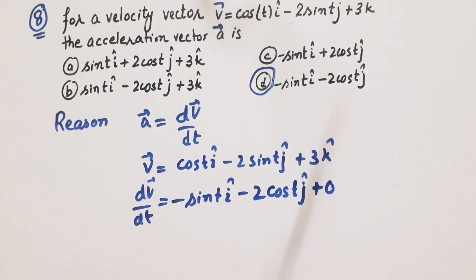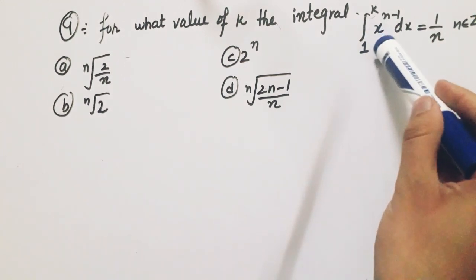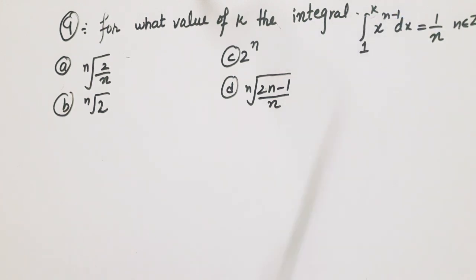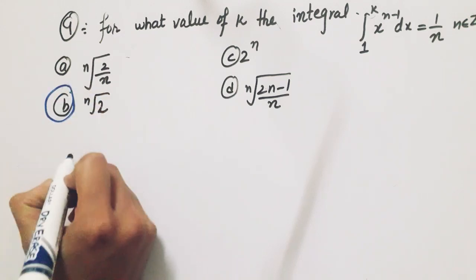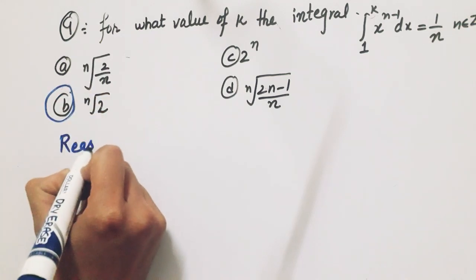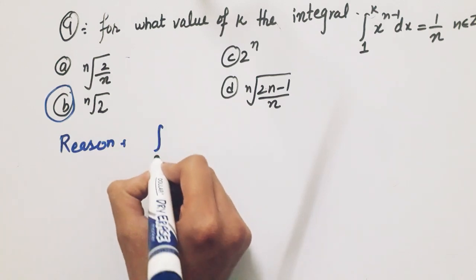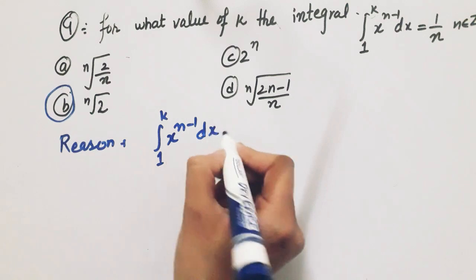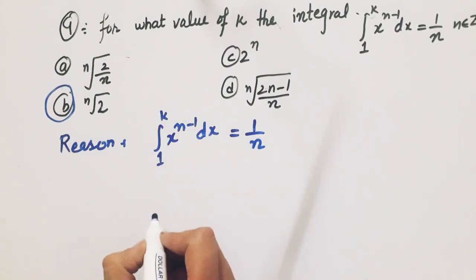Now we will solve the 9th MCQ. MCQ 9 asks: for what value of k is the integral from 1 to k of x raised to power n minus 1 dx equal to 1 over n? Find the value of k. The right answer of this question is B, and the reason behind this is, first of all, you integrate the function x raised to power n minus 1 from 1 to k, and the answer is given as 1 by n, and you have to find the value of k.